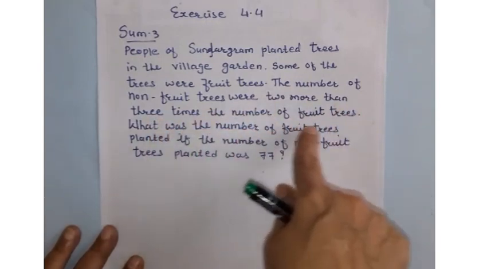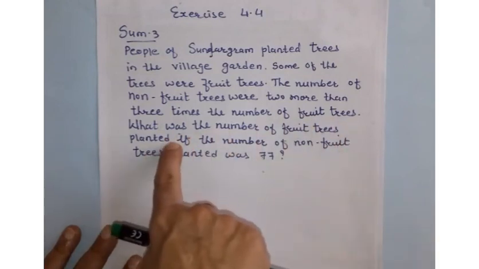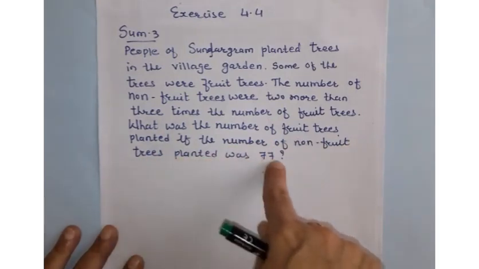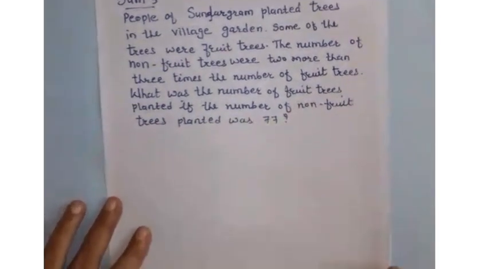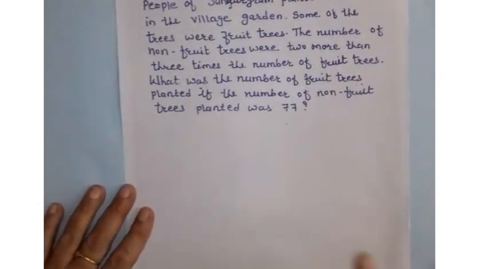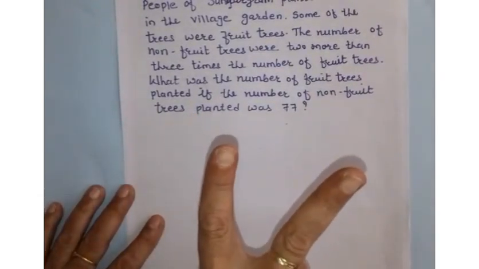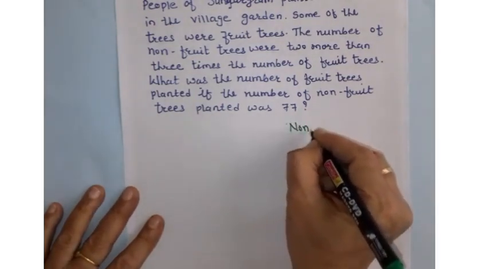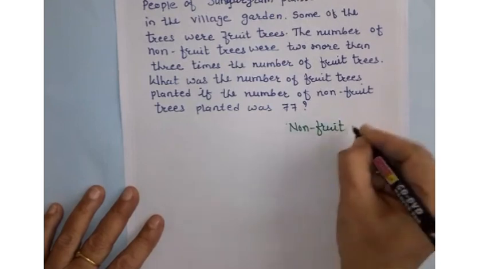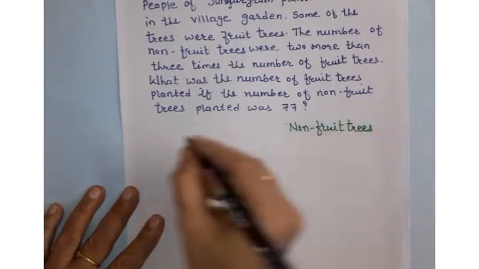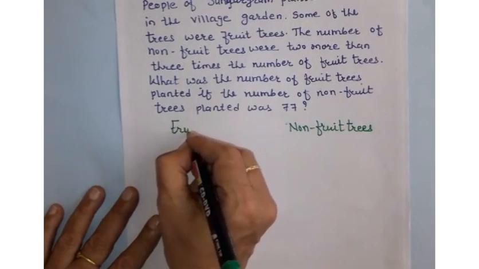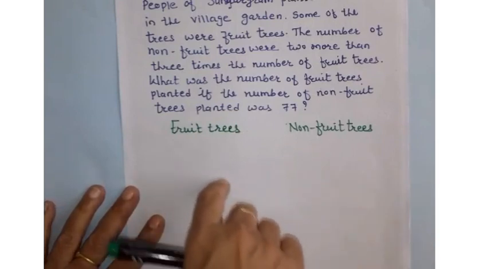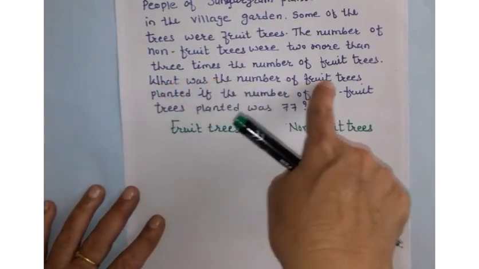What was the number of fruit trees planted if the number of non-fruit trees planted was 77? First of all children, you understand that there are two types of trees. Some are non-fruit trees and some are fruit trees.